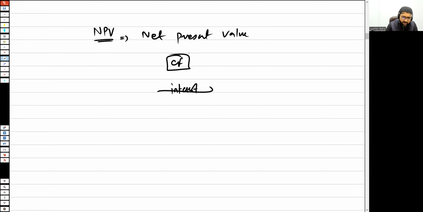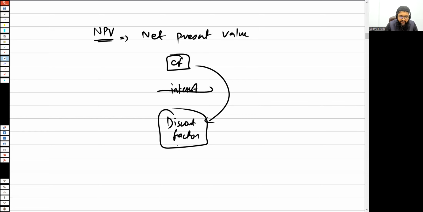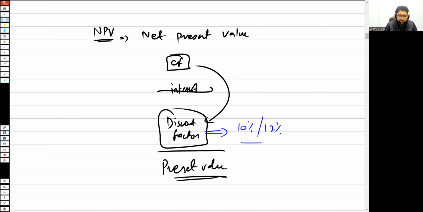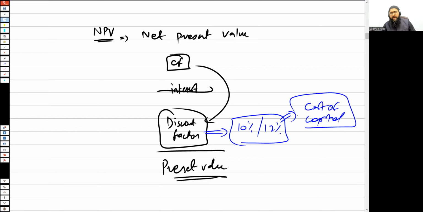Okay, now see what happens is that when we prepare the cash flows, we discount them using the discount factor. So when you discount the cash flows, you end up getting the present value. This discount factor is basically like your 10% discount rate or 12% or whatsoever. It actually includes the cost of capital, so whether that's the debt or the equity that you have, everything is included in it.